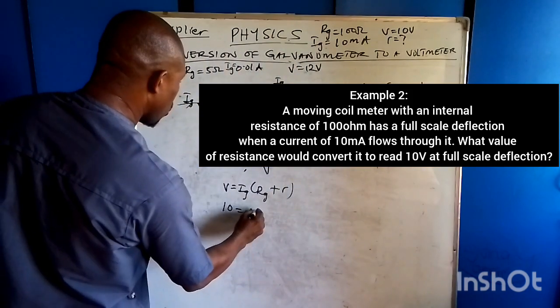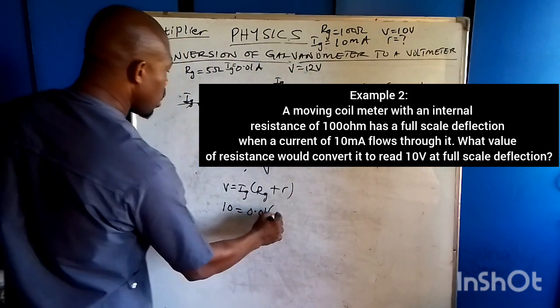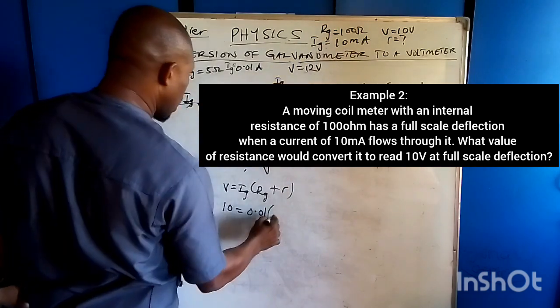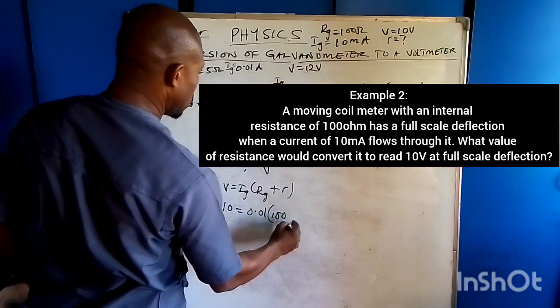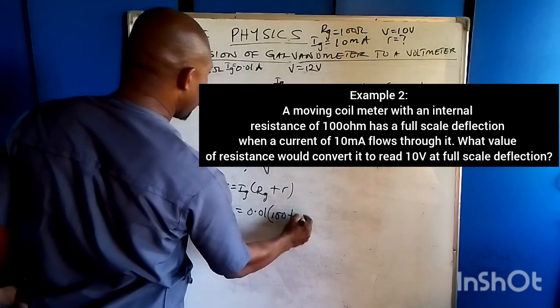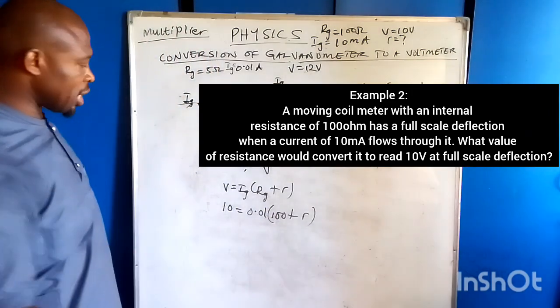Now we have 0.01 into Rg, where Rg is 100, plus R, which is the multiplier.